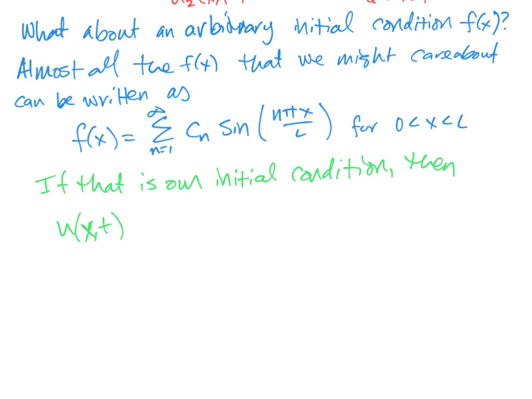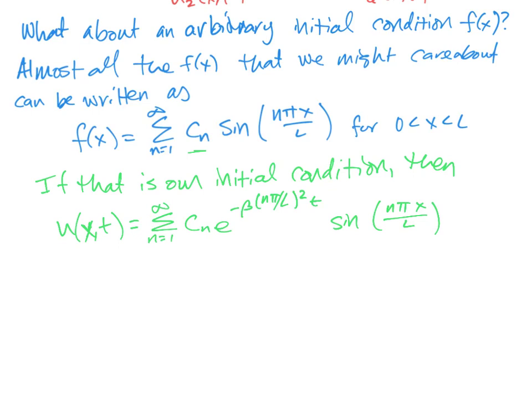We just take our c's from there and we sum up all of our eigenfunctions. So we get the sum from n equals 1 to infinity of our coefficients from the sine series, times e to the negative beta (n pi over L) squared t, times sine n pi x over L.